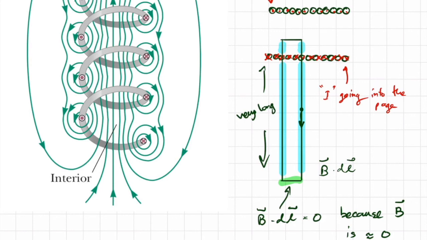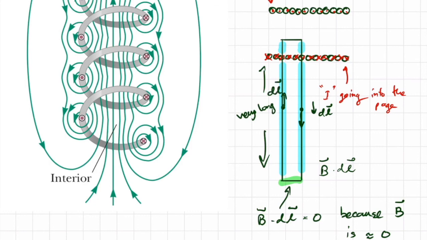But as you go around the path, you're going to have the direction of dl going down on this side of the path, but then when you go around and come back onto the other side, dl will point in a different direction, so it will point up, right?